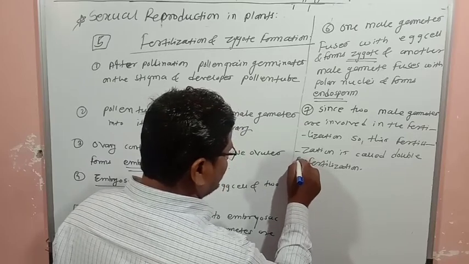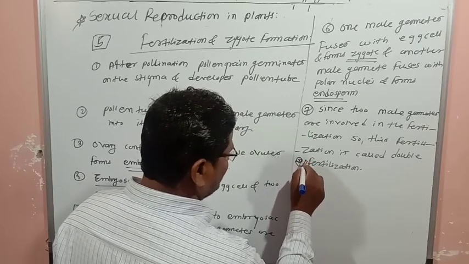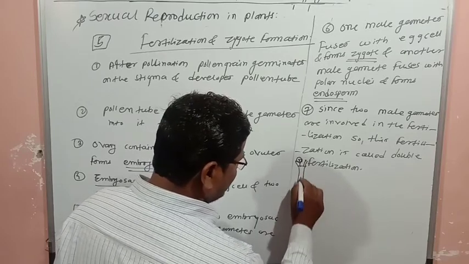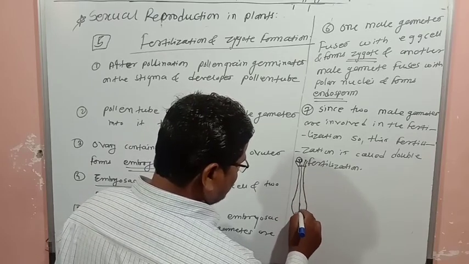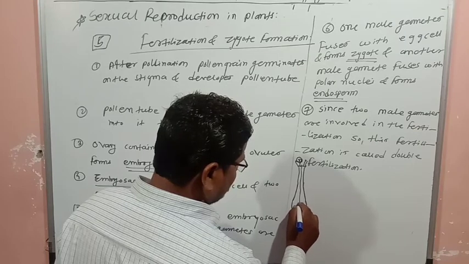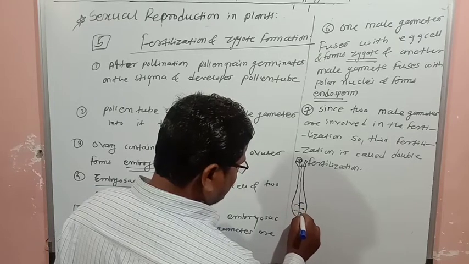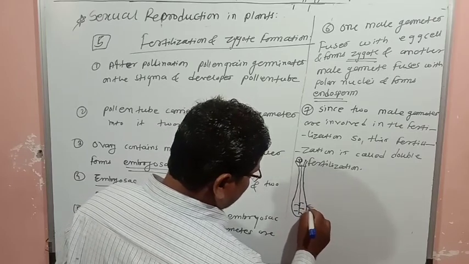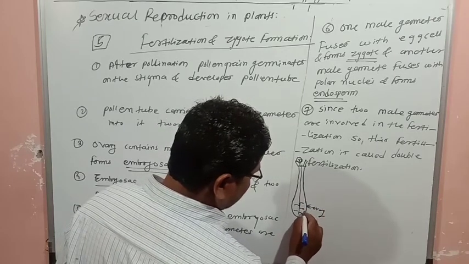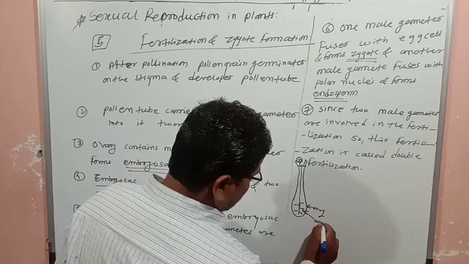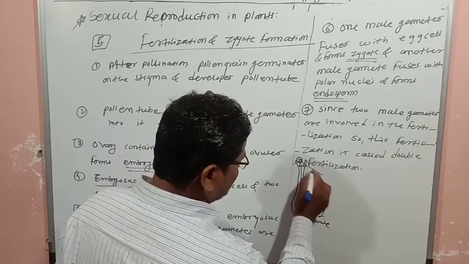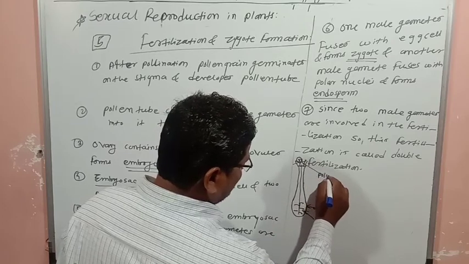When pollen grains fall here, you can say it is pollination. This is the ovary, this is the ovule, and here is the pollen grain.